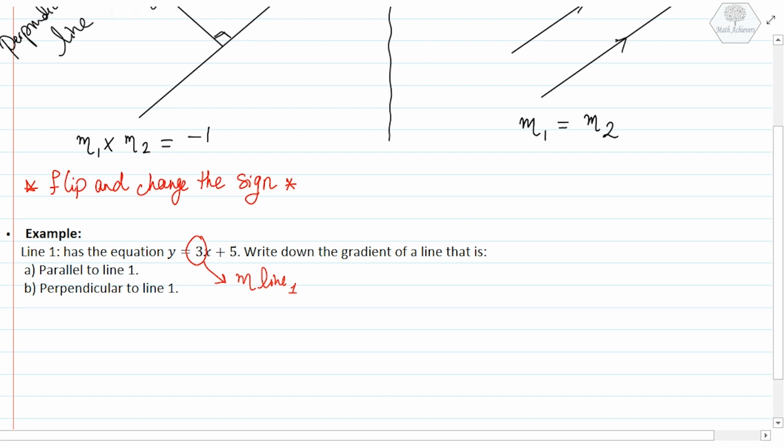Now, for part A, if I want a gradient for a line which is parallel to line 1, then simply it is equal to the gradient of line 1. So the gradient of the parallel line is simply equal also to 3.